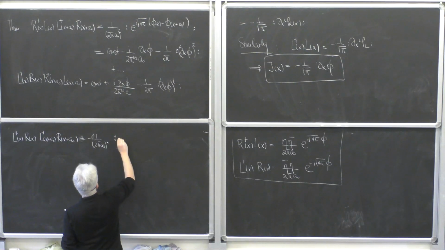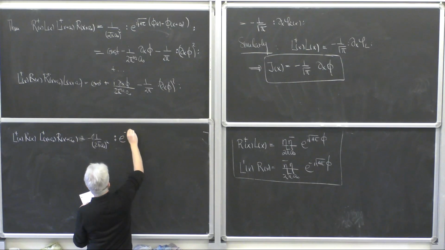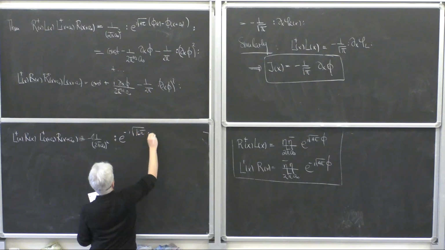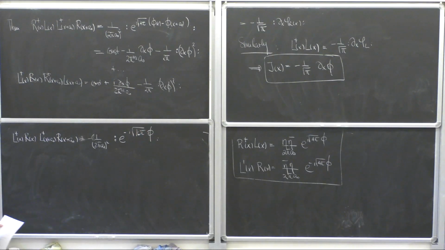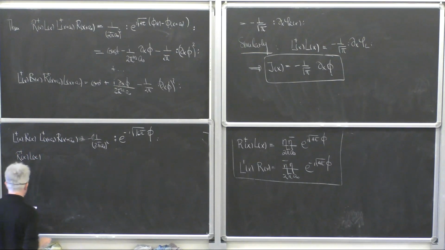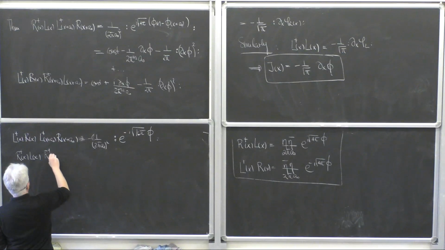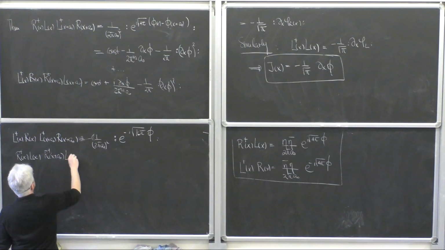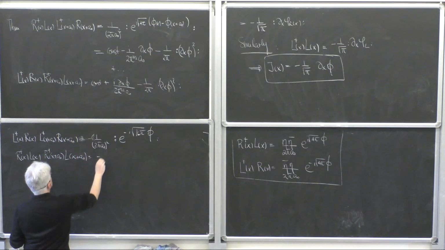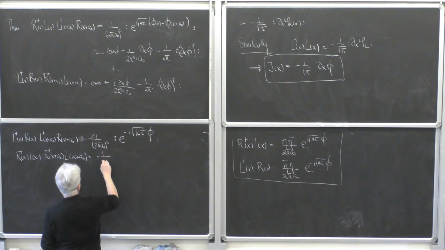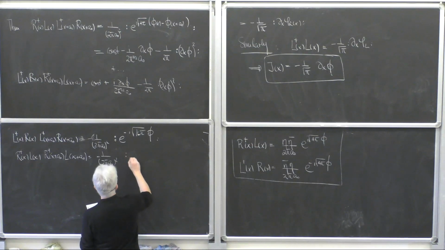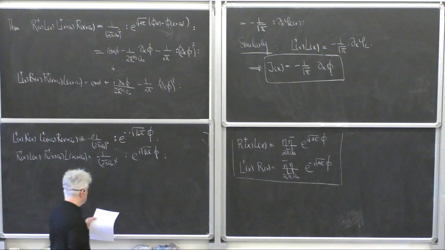And here I get normal ordered e to the minus i square root of 16 pi phi. And that's it.